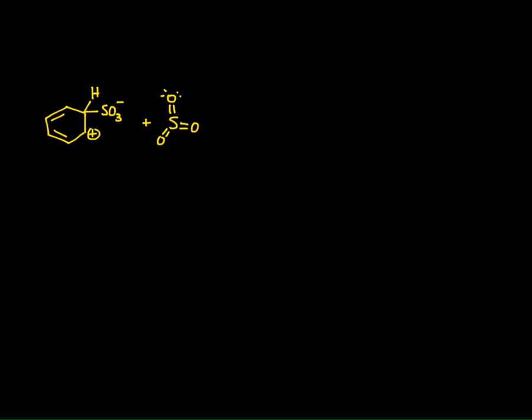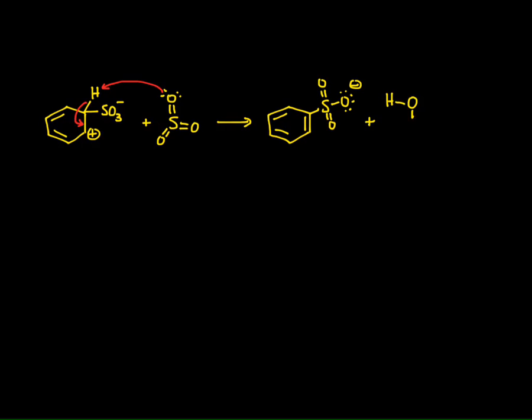So we can use another molecule of sulfur trioxide. Sulfur trioxide is also a base, and it can abstract that hydrogen, and the electrons from that carbon-hydrogen bond go down into the ring, again reforming that benzene aromatic structure, and the result is this. So now I've formed my ring, and I still have SO3 minus, so I still have an anion.